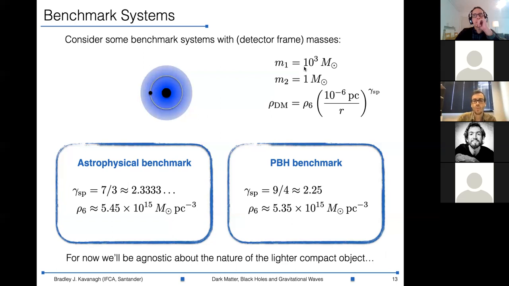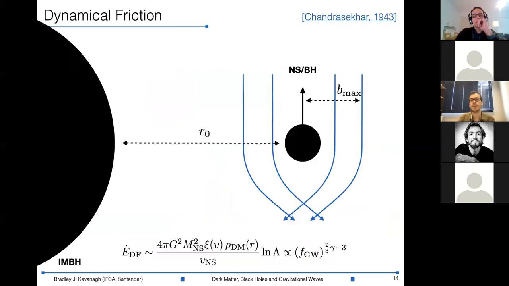So now we have this system: an intermediate mass black hole, a neutron star or a smaller black hole, and a cloud of dark matter. Why is this interesting? The reason is that there's an extra force now on the orbiting compact object, and it's dynamical friction. Essentially, this compact object, as it travels through a cloud of dark matter, can scatter the individual dark matter particles.